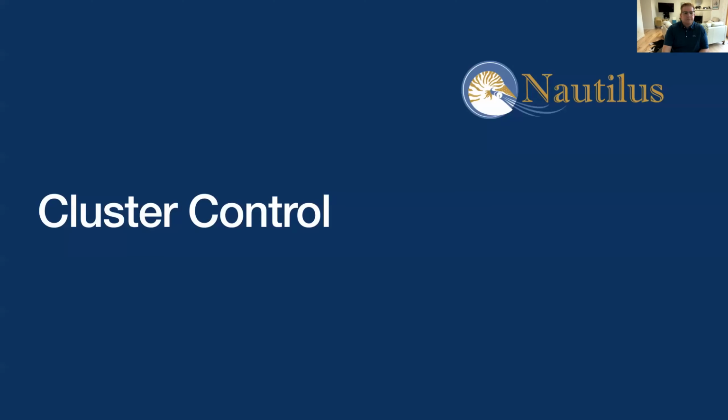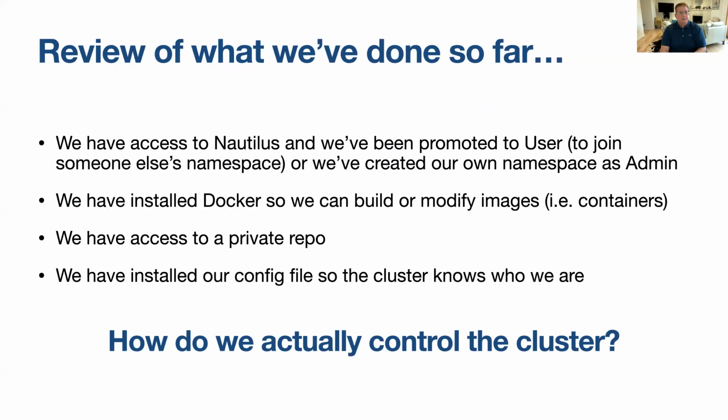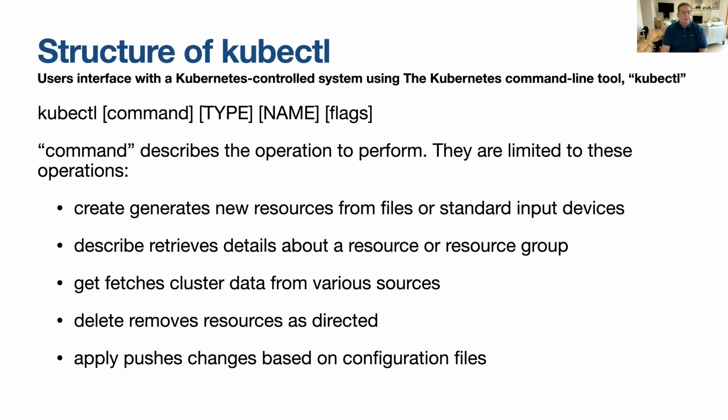So if we go back up to our YAML file here, if we wanted to create a pod with these characteristics, we would type Coupe Control create, and then give it the YAML file.